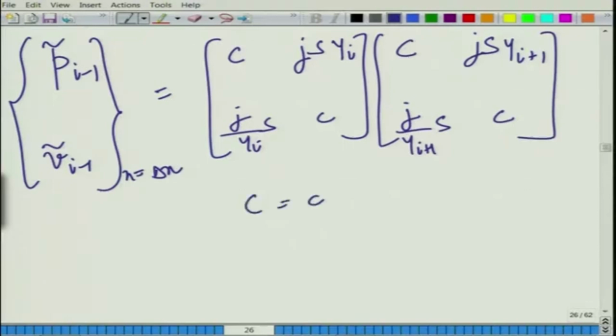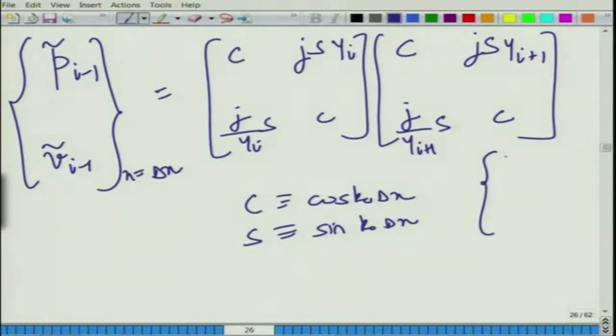So, C is equal to cos k naught delta x, and this is like this. So, what happens now?